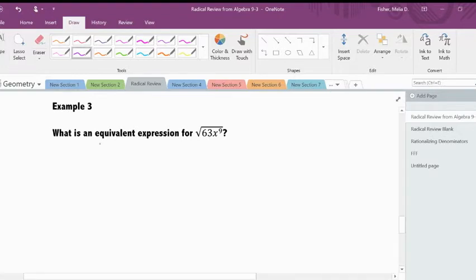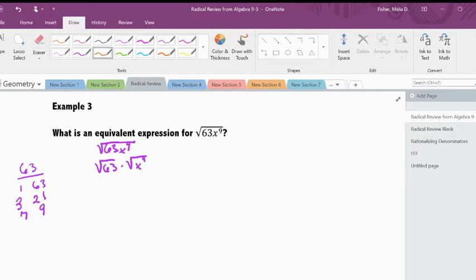So we know that we can start by taking that square root of 63 x to the 9th, and we know that we can break it up into the square root of 63 times the square root of x to the 9th. On a previous example, we looked at the factors of 63 being 1 and 63, 3 and 21, and 7 and 9.